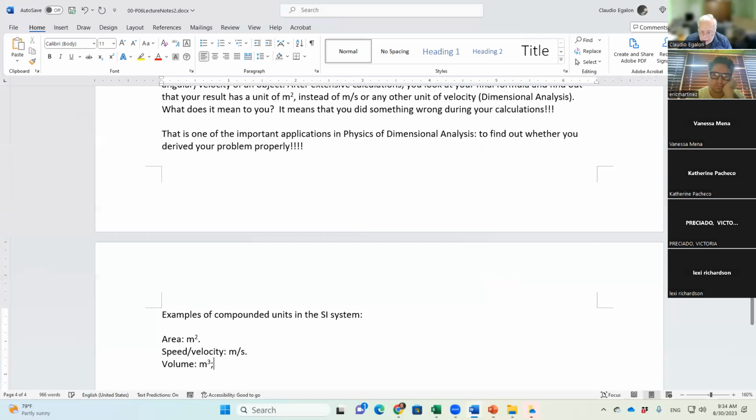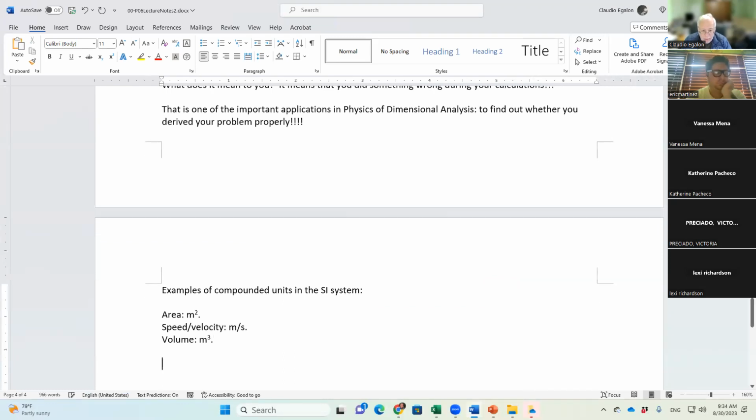And now let's do something else too, right? What is the conversion between SI units and non-SI units, and vice versa? I'm going to give an example.